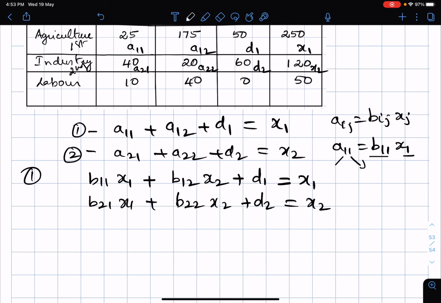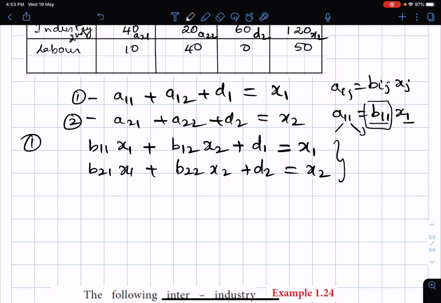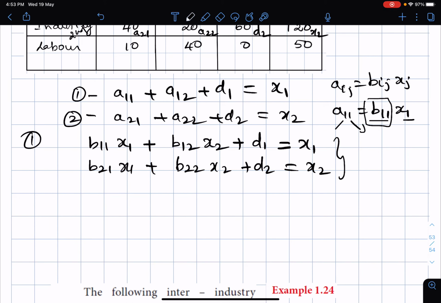This is our structural equation, because we have used this structural coefficient or the technological coefficient. Now this you are going to convert into matrix, and there you are going to get your technological matrix. These are the technological coefficients, isn't it? B11 and so on. So when you convert this into matrices, what is going to be your matrix now?